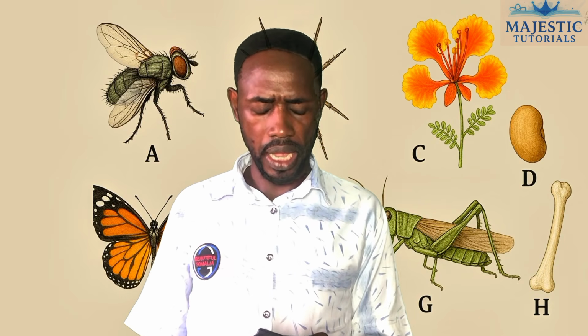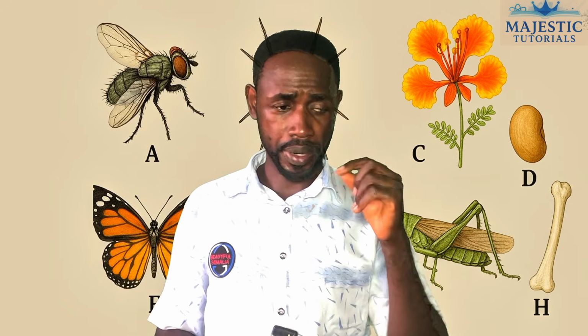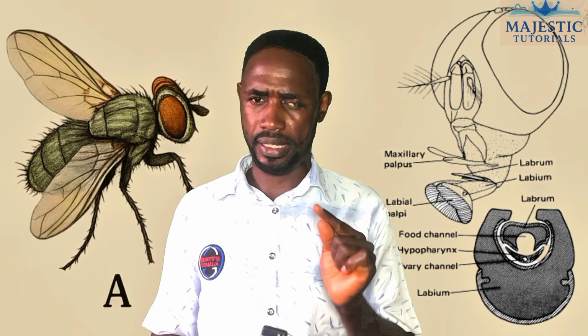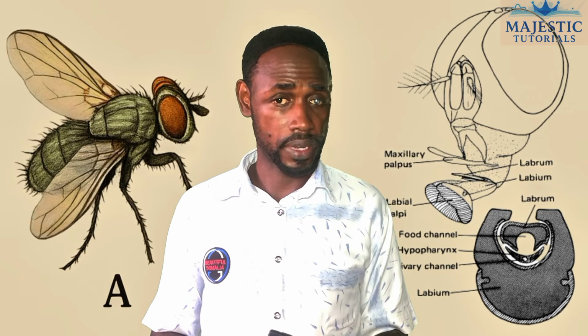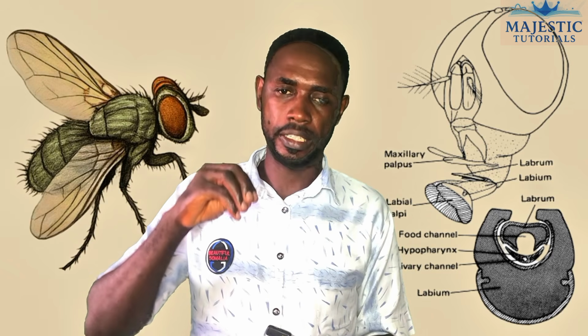So we look at another adaptive feature. Have I mentioned three pairs of walking legs? Yes, it has three pairs of jointed legs for walking. Then bringing it down to housefly only, we say presence of sponging mouth parts. So the type of mouth part present in housefly is sponging, like you are licking.